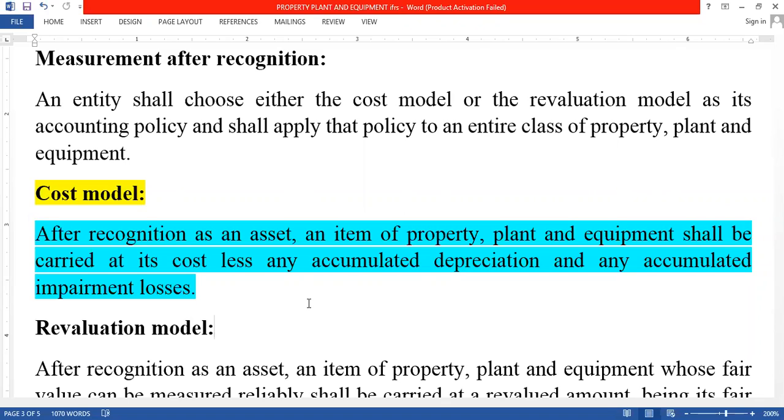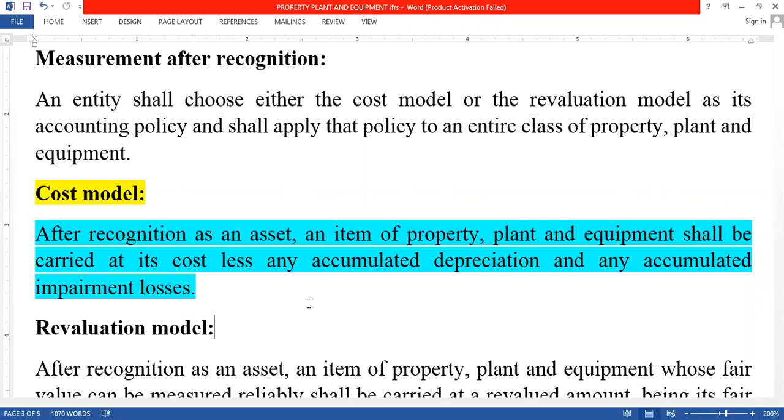So after we identify it as an asset under the control of the organization, property, plant and equipment shall be measured on its cost price.